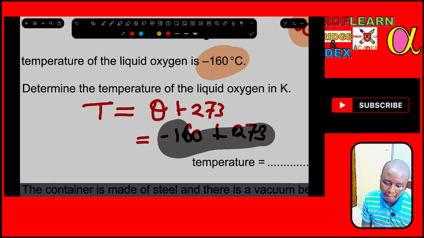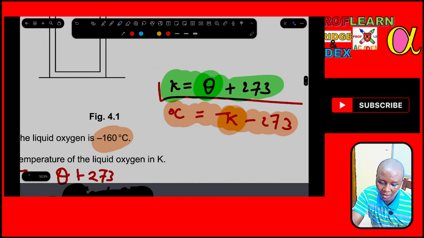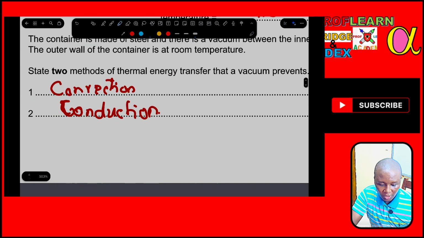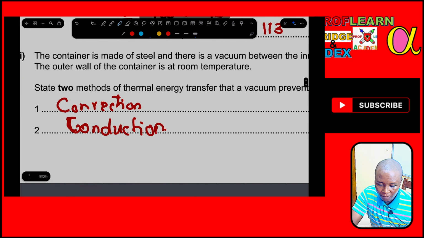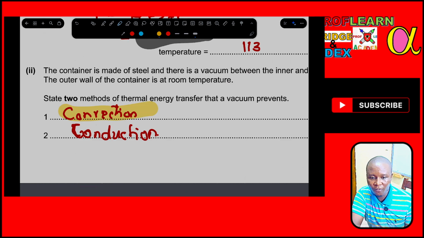So always remember this particular formula: temperature in Kelvin equals temperature in degrees Celsius plus 273. State 2 methods of thermal energy transfer that the vacuum prevents. This is heat loss by convection, and also heat loss by conduction.